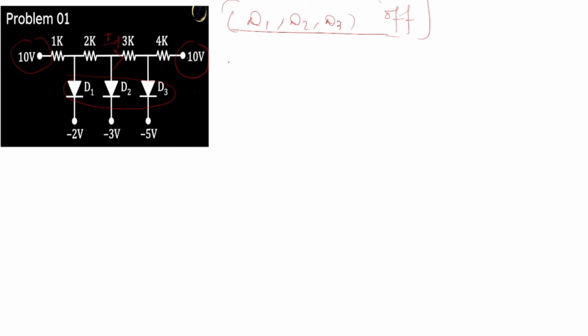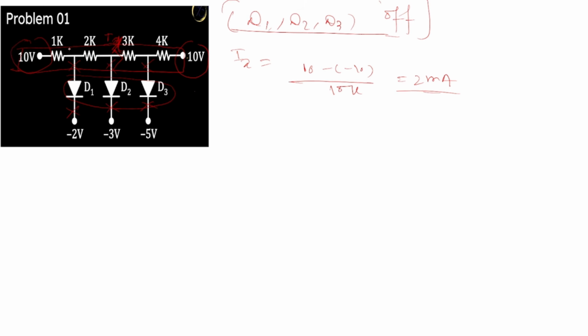So let's calculate the current through this branch. As the diodes are off, let's put a cross mark across the terminals. The current Ix is 10 minus of minus 10 by 10k, which comes out to be 2 milliampere.